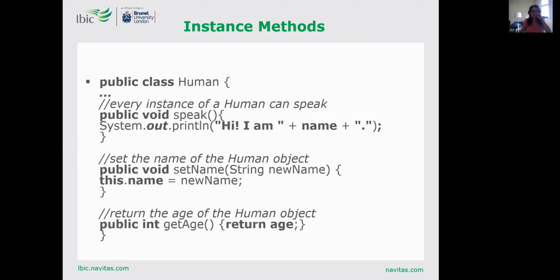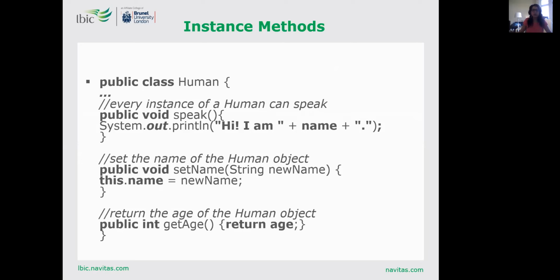The first method, the speak one, is telling the caller that during this function, during these methods, what's gonna happen and what is the outcome.